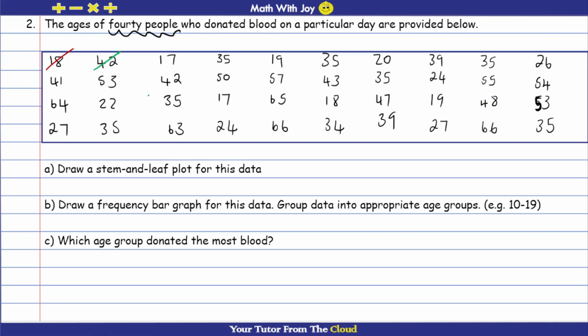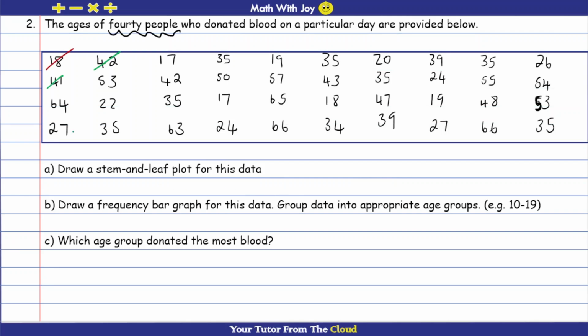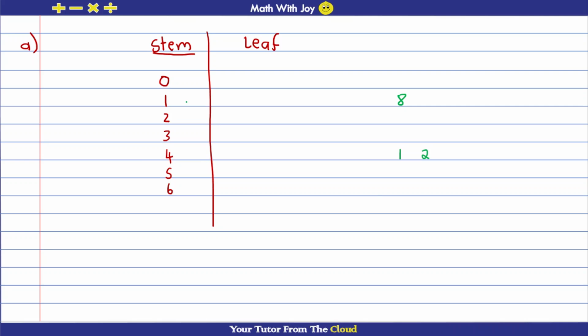I'll say 42. Let's just go down. 41, and 42. So I'll just put those in here. So by the 40s, I am going to put a 1 and a 2. And I have the 64 and the 27. So I say I have a 27 and I have a 64. So you say 6, 4.